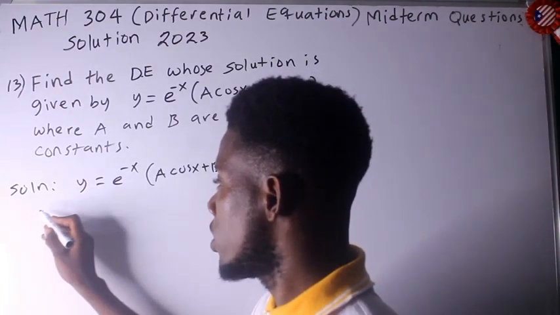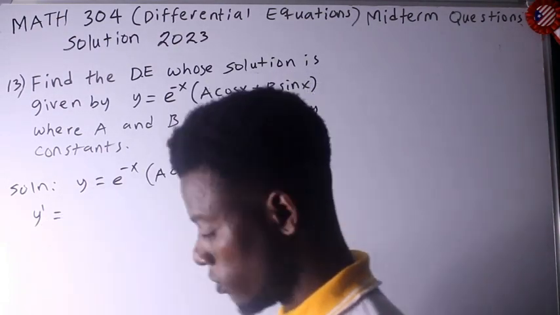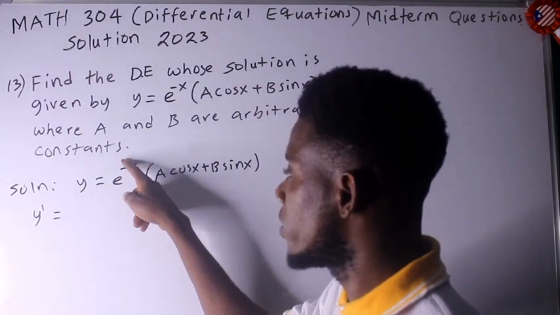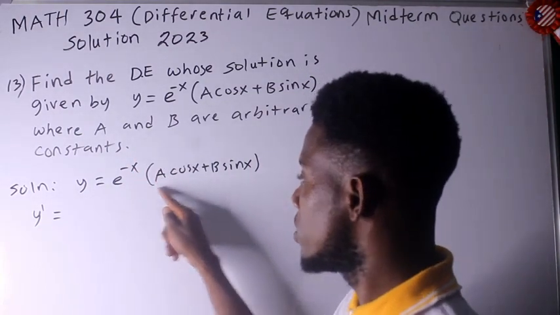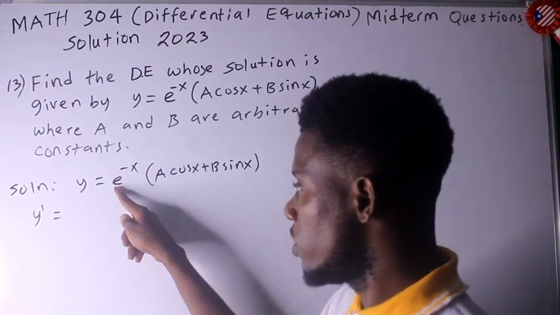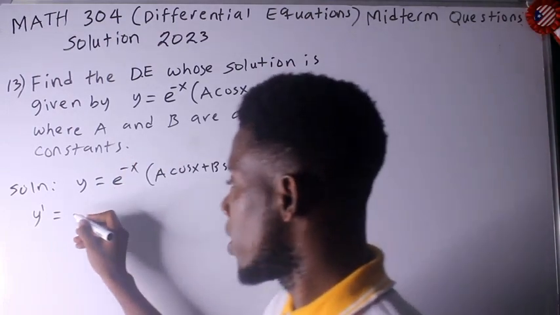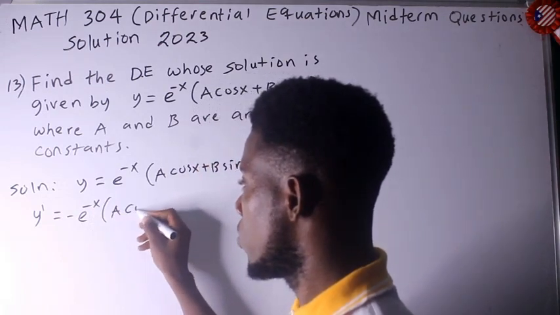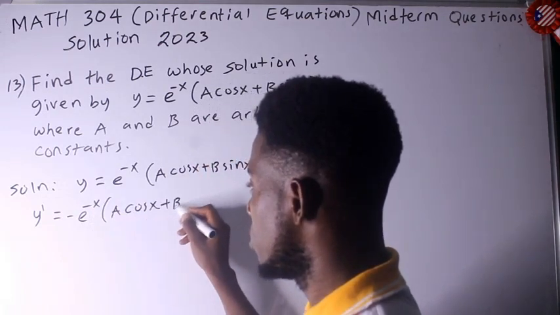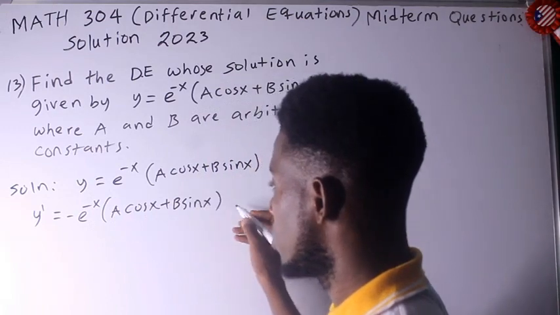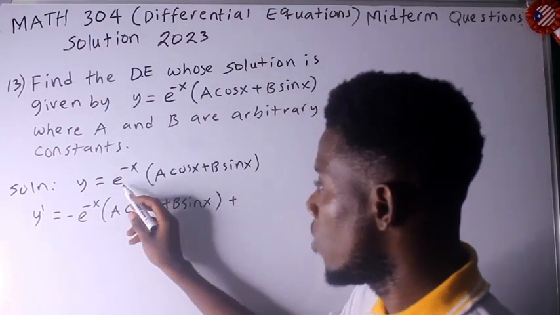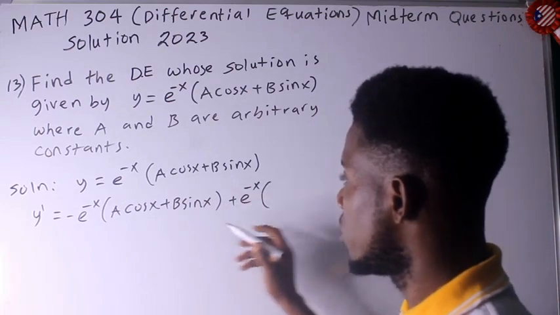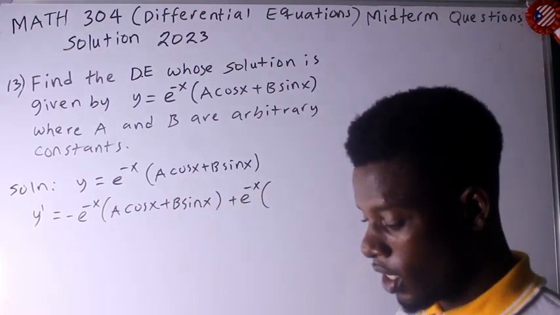So the derivative of y, y prime, is equal to, using the product rule, I differentiate e to the minus x and keep this entire thing constant. The derivative of e to the minus x is minus e raised to the minus x, and I keep a cos x plus b sin x constant. Then I say plus, I hold e raised to the minus x and differentiate a cos x plus b sin x.